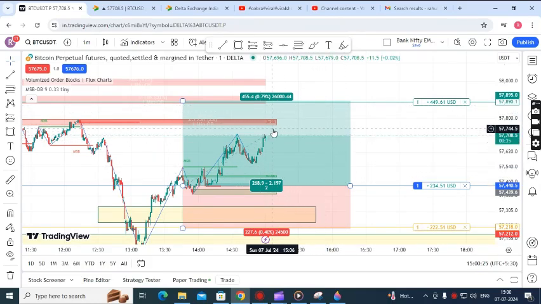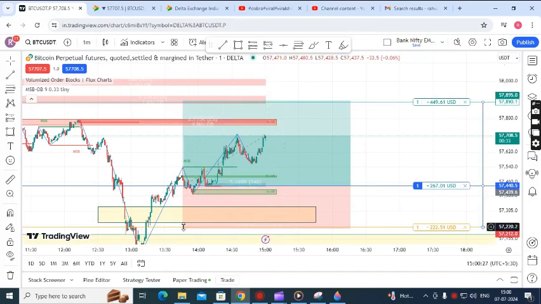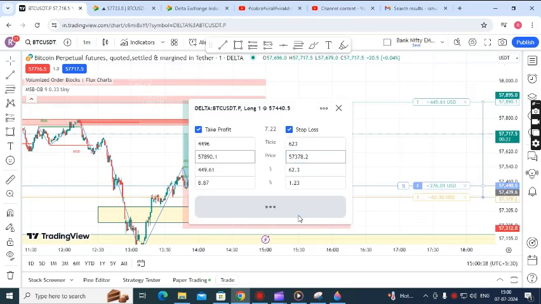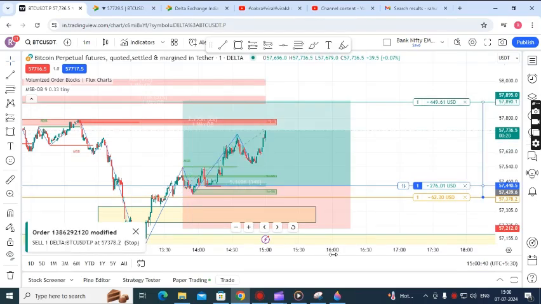But even though it's not passing, I think now we can trail our stop loss. If I am not wrong, we can minimize it to below this. So we will have only $62 of loss if at all.